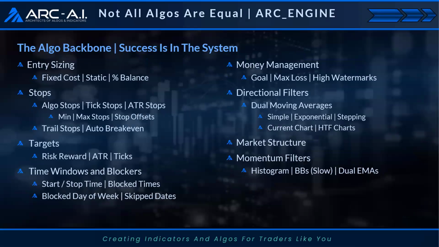Not all algos are created equal. If you are not yet familiar with the ARC algos, we have done a few things in terms of creating the engines of these algos. First off, you can use these on any bar type. We also have custom Renko bars that you're welcome to have, and you can use those as well.